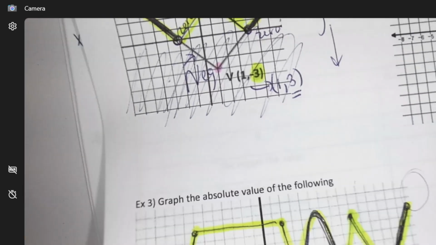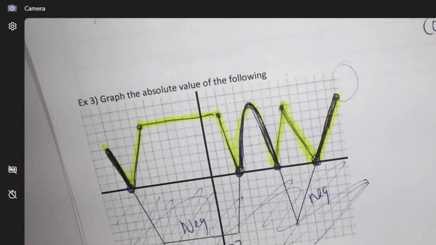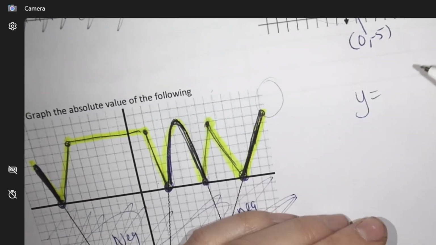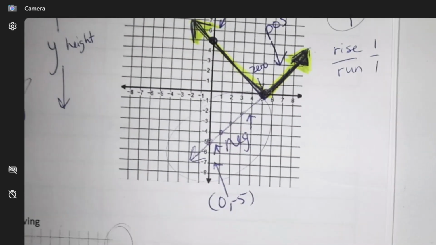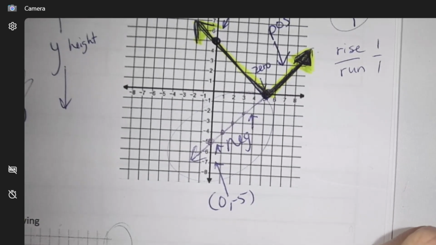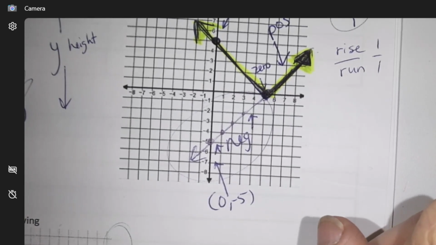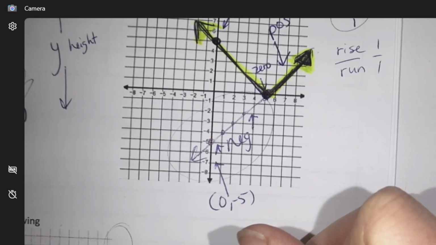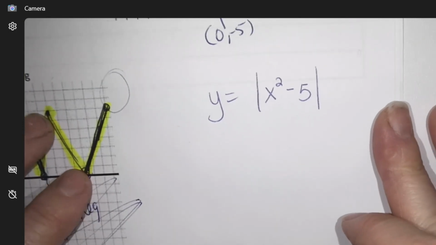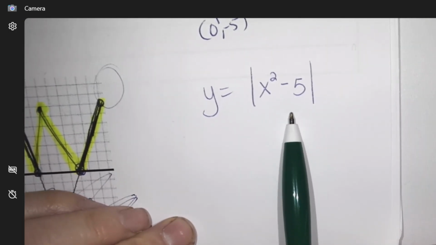Okay, in your homework, there's just a couple of different things you might see. Just super quick, what would you do if you saw this?